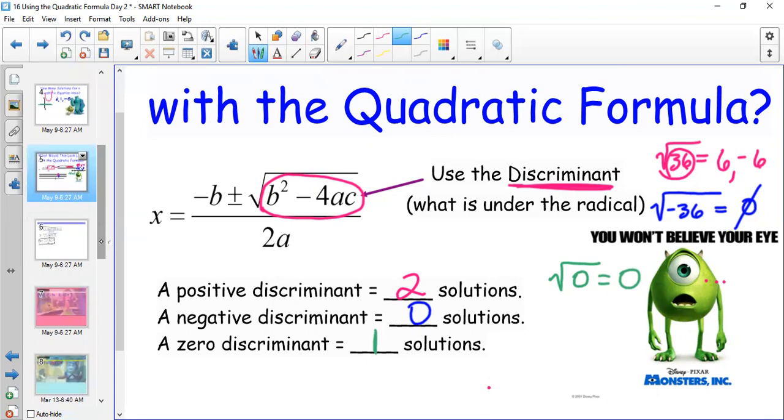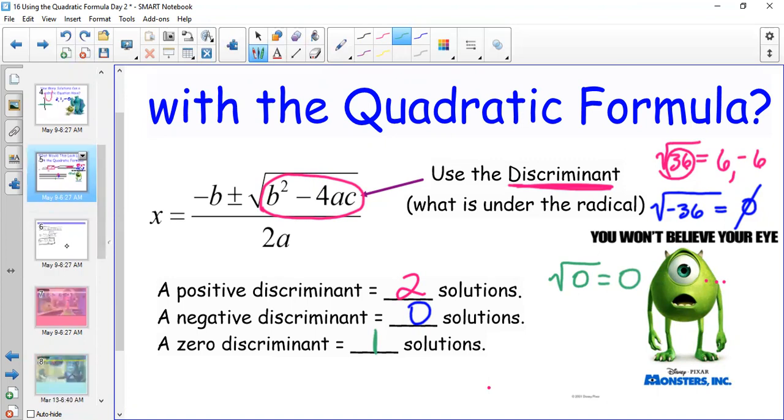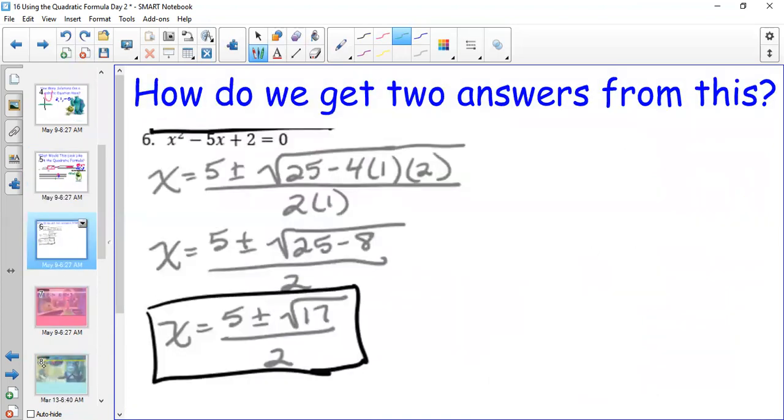Now, before I go on, in the last lesson, yesterday's lesson, we left our answers like this. This was actually one of our homework problems, and we left it like that because there was no perfect square for 17. So I'm going to show you how we can get an estimate of this answer, because really the square root of 17 is irrational, meaning it goes on forever and it doesn't repeat.